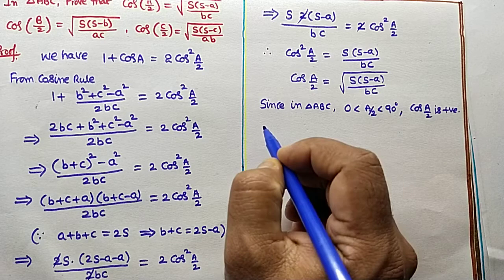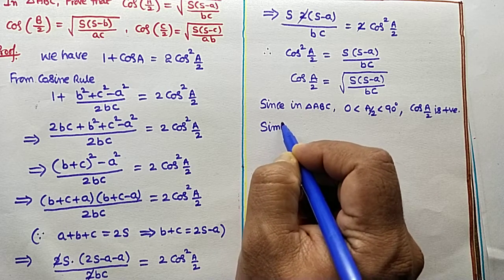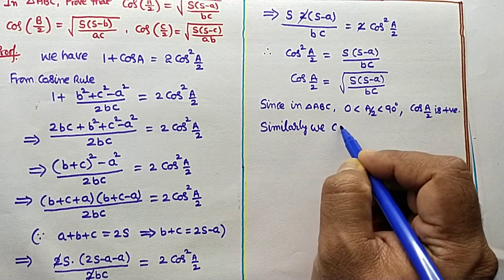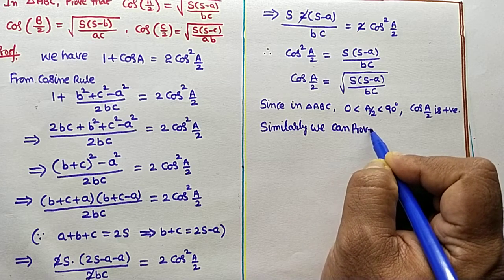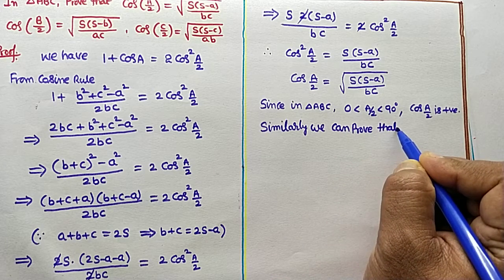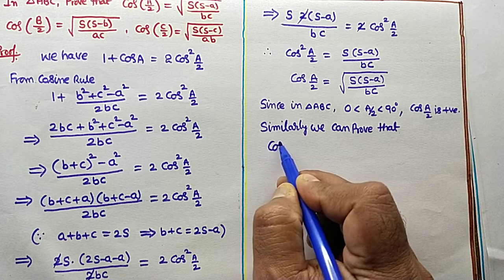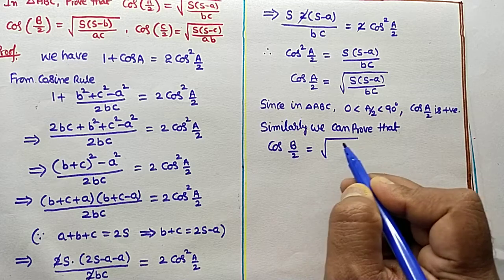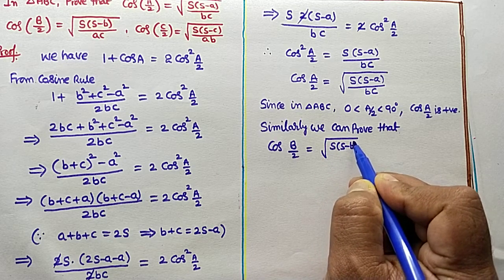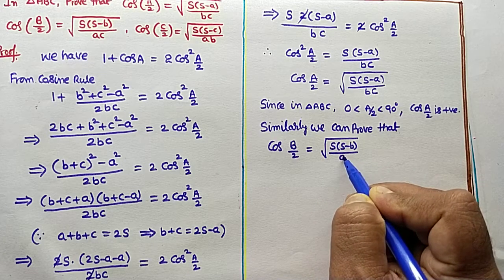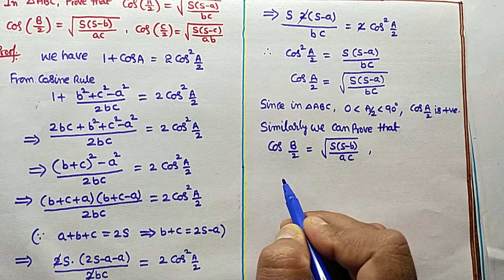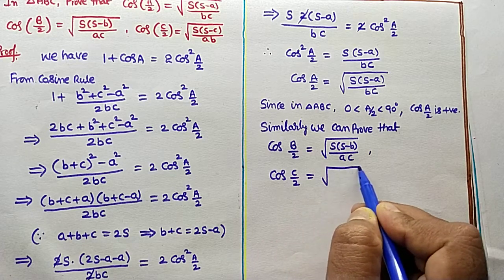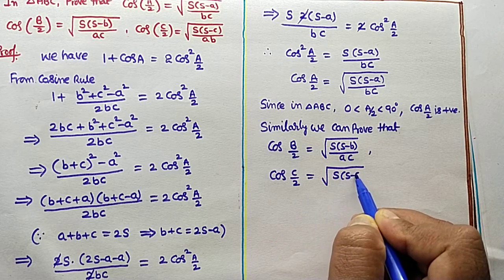So similarly, we can prove that cos b by 2 equal to square root of s into s minus b divided by ac, comma, cos c by 2 equal to square root of s into s minus c divided by ab.